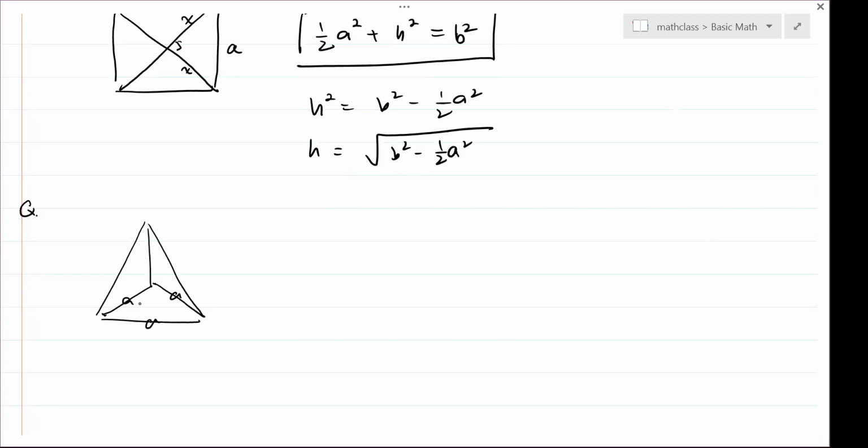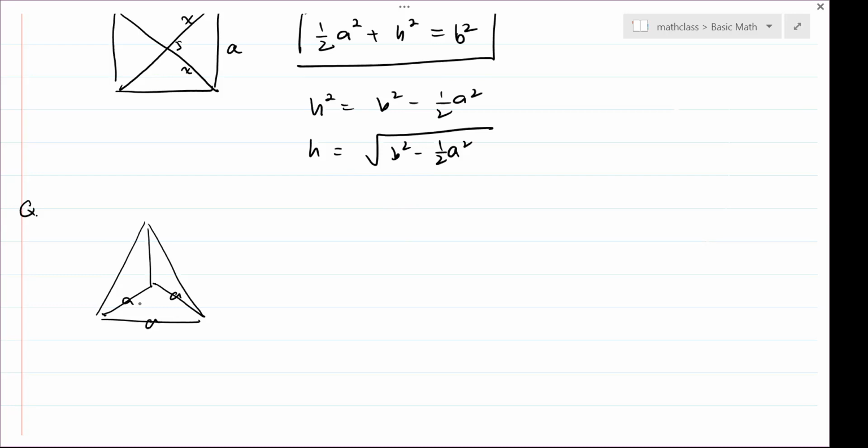Now look at this, right? What do you mean, right pyramid? A right pyramid is the same from any angle you look at. All the three triangles on the sides are the same triangles.